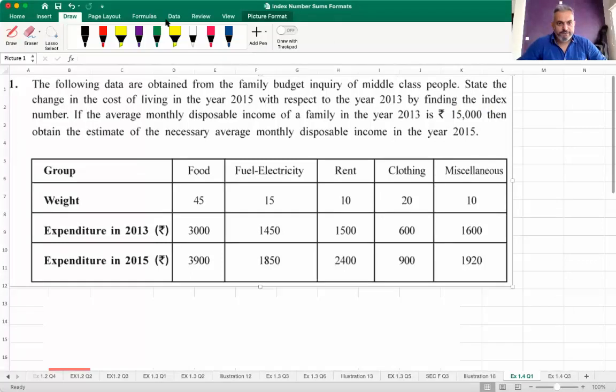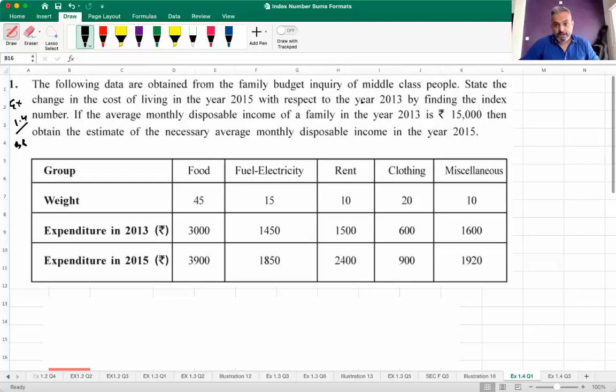Exercise 1.4, question number 1, page number 38. Now the following data are obtained from a family budget inquiry of middle class people. State the change in cost of living in the year 2015 with respect to the year 2013 by finding the index number.